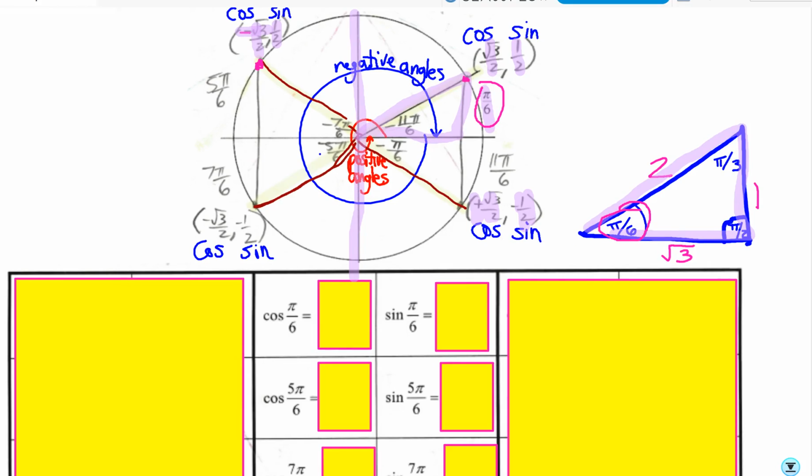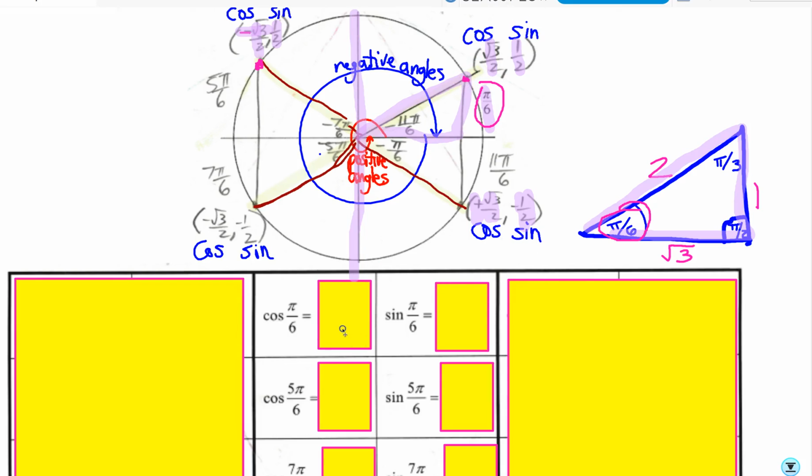So if I'm cosine of pi over 6, I am here in the first quadrant. If I am in the first quadrant, then cosine of pi over 6 is the x value of that coordinate right here, this little pink point.